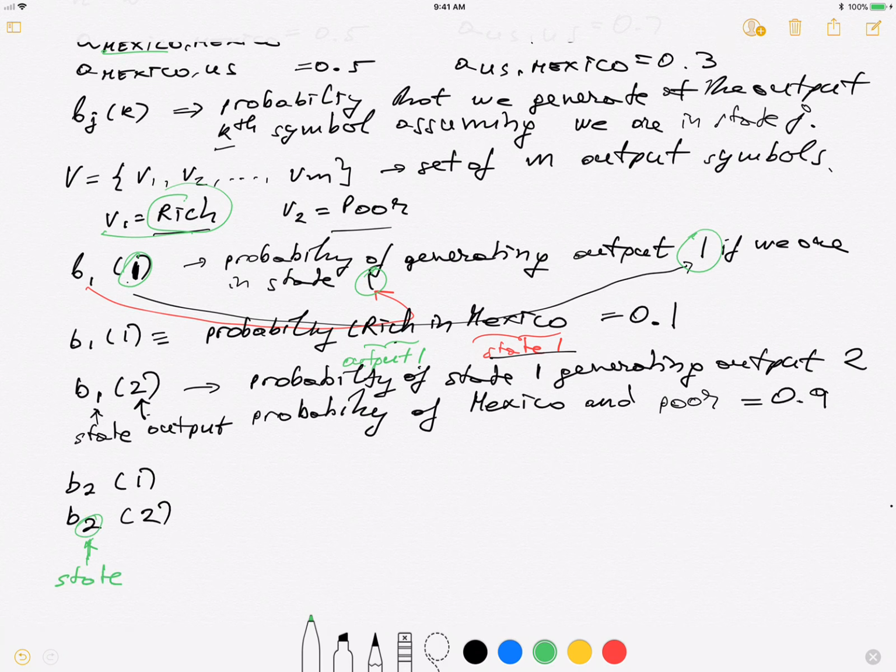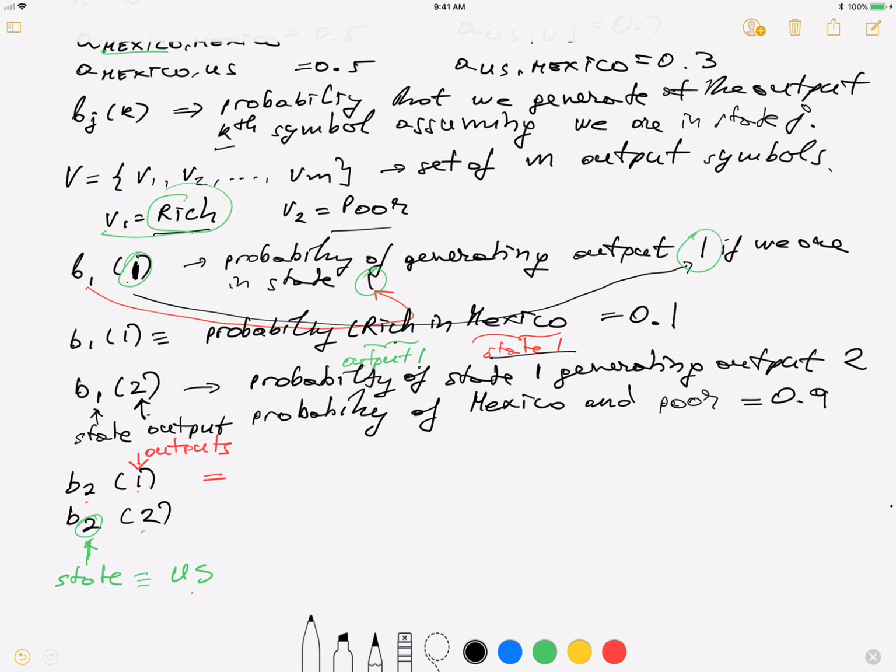It's the second state. The first state was Mexico here, so we are looking at the output probabilities if the state is US. 1 and 2 denote outputs. So this is the probability if the state is 2, US, and the output is 1, which means rich.